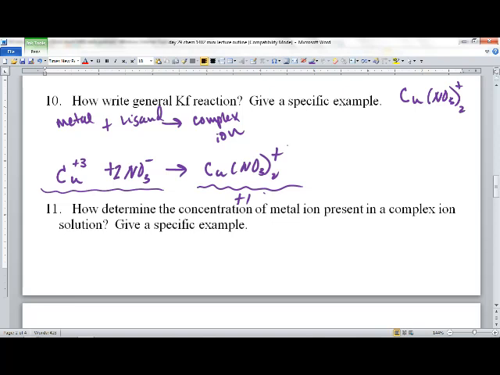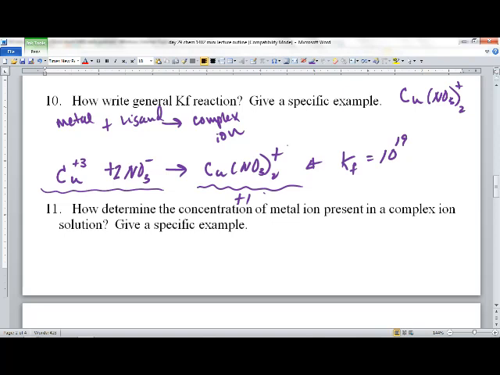How do you determine the concentration of a metal ion in the complex ion solution? Now, all these KFs, like here's a KF reaction, right? And the KFs are like 10 to the 19th and 10 to the 18th, 10 to the 17th. They are huge, right? So that means you're going to form all what at equilibrium? All product. There isn't any free metal floating around.